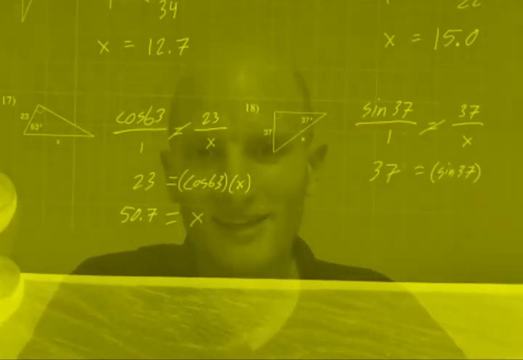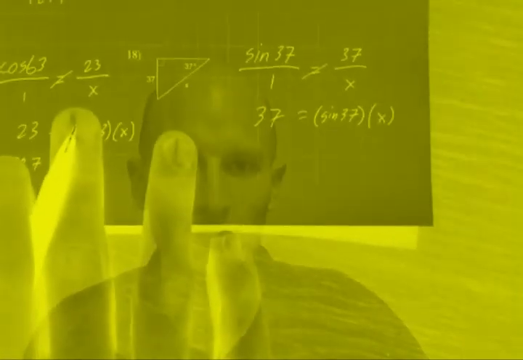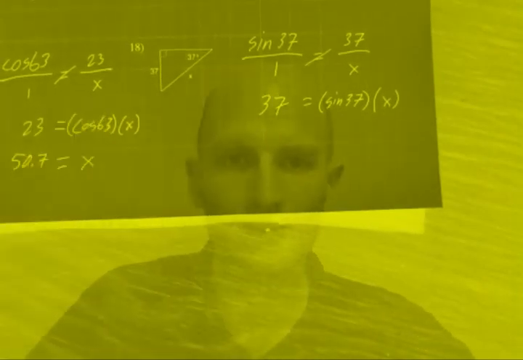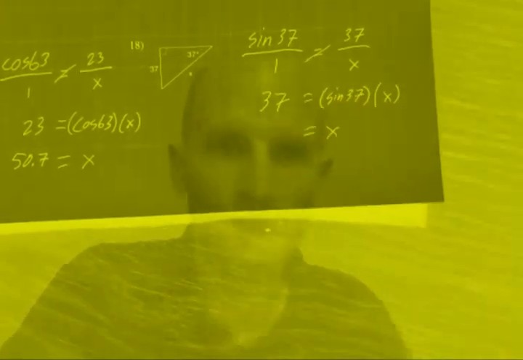sine of 37. Can you guys hear the dog barking? Probably so. Times x. Sine of 37 times x. So now we want to get the x alone. So divide by sine of 37. So on the right, you get x, right?